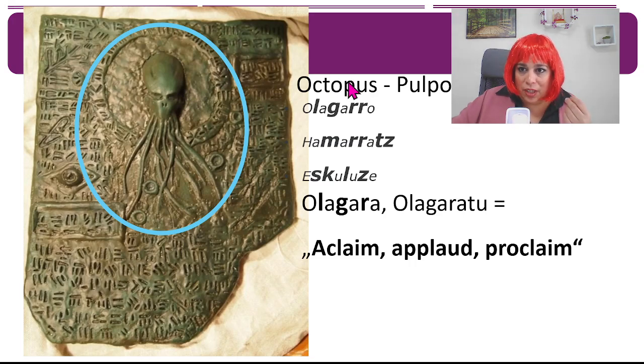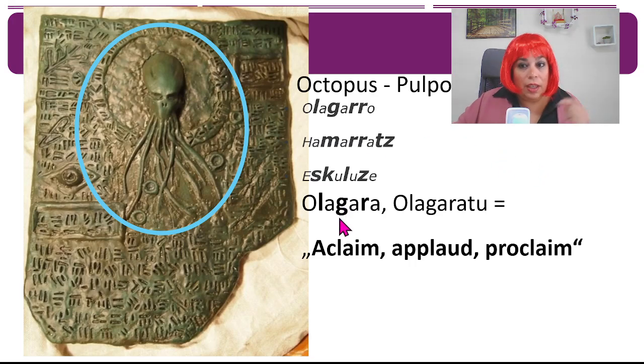have to take the basis, for example, octopus, pulpo. There are several words to refer to this one. So what you have to take is the consonants and search for another word that can use the same consonants or can have a similar phonetic.